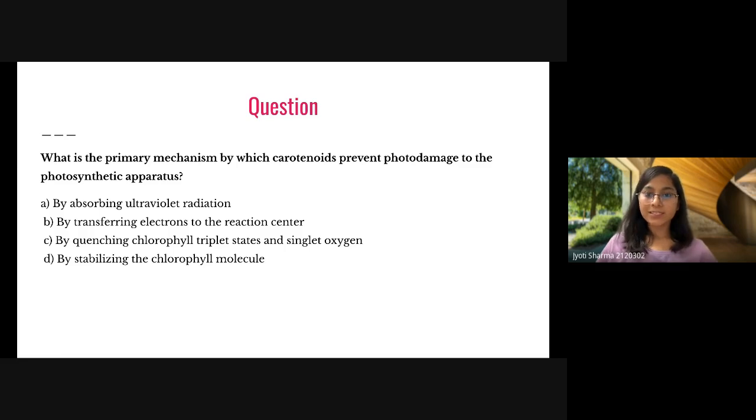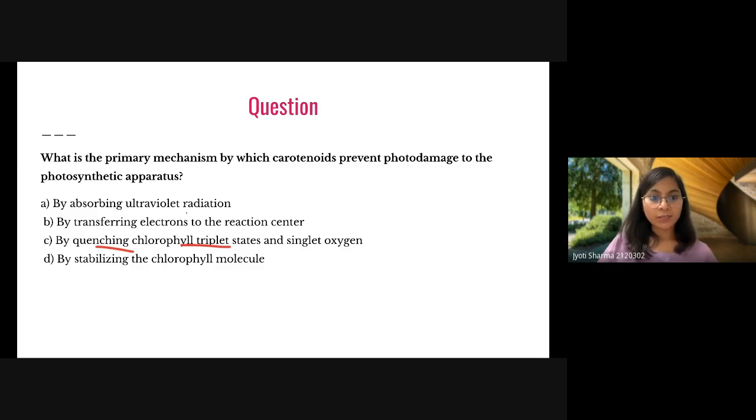By that process, it can prevent this photo damage to the photosynthetic apparatus. So the answer is that it will quench chlorophyll triplet state or singlet state. Let me show you here. So C is the right answer, and I think I have one figure by which you can see.